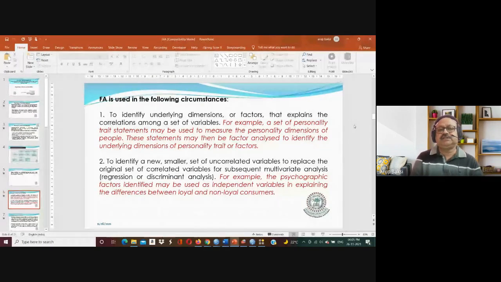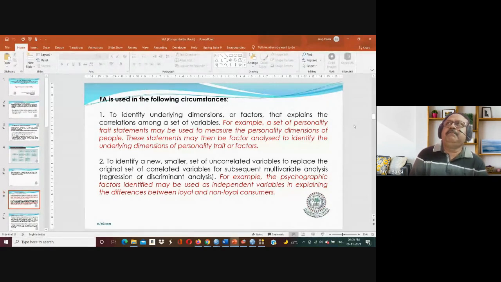Then the researcher's task is to name that particular component, which is a representative dimension of either extrovertness or introvertness. So those were constructs or issues which are very difficult to measure directly.